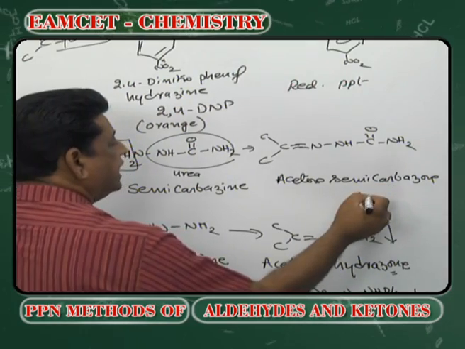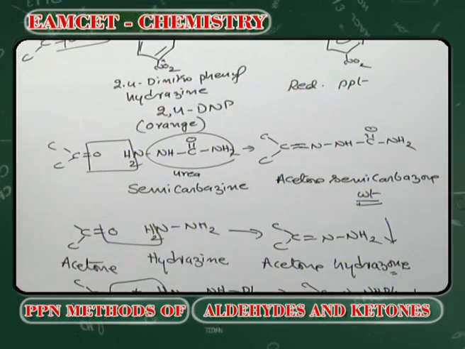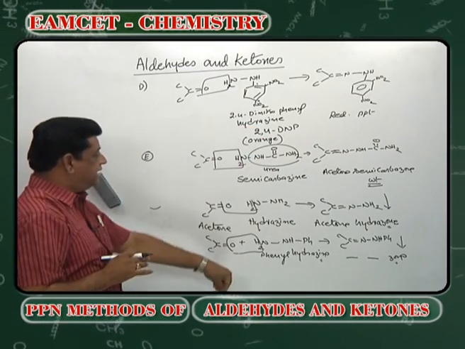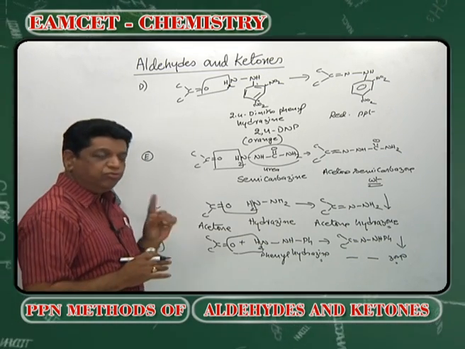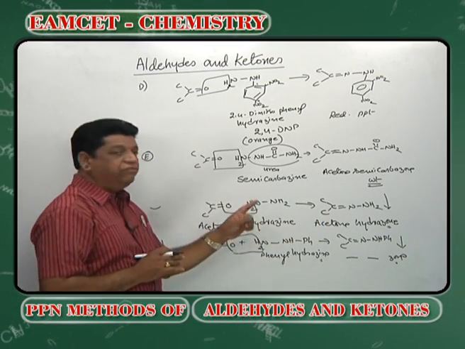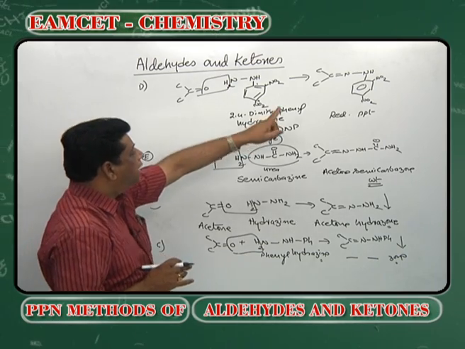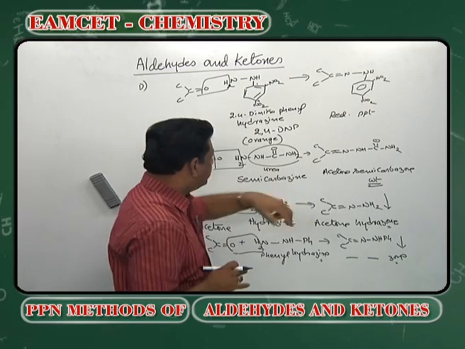This is once again white colored. Only this 2,4-DNP derivative is red colored. They are called derived products of these reagents. Five reagents are there. Hydroxylamine gives oximes. Hydrazine will give hydrazone. Phenylhydrazine gives phenylhydrazone. 2,4-DNP will give a red precipitate called acetone 2,4-dinitrophenylhydrazone.